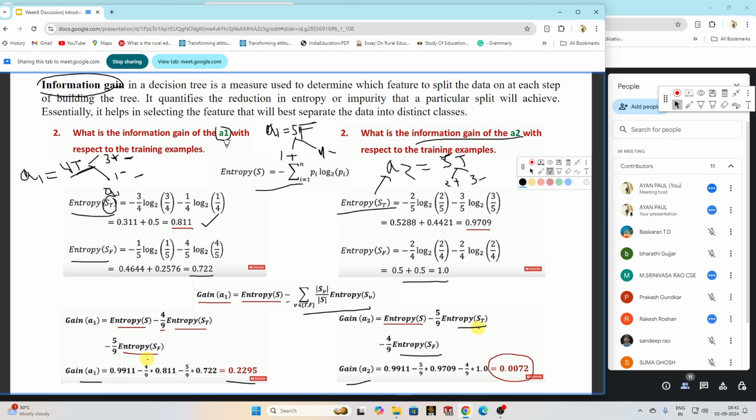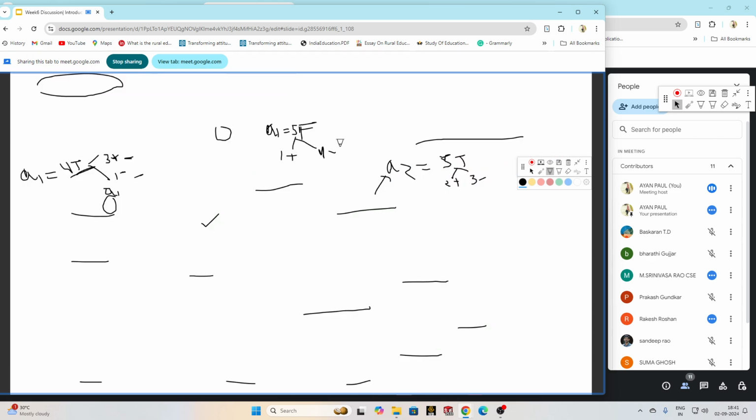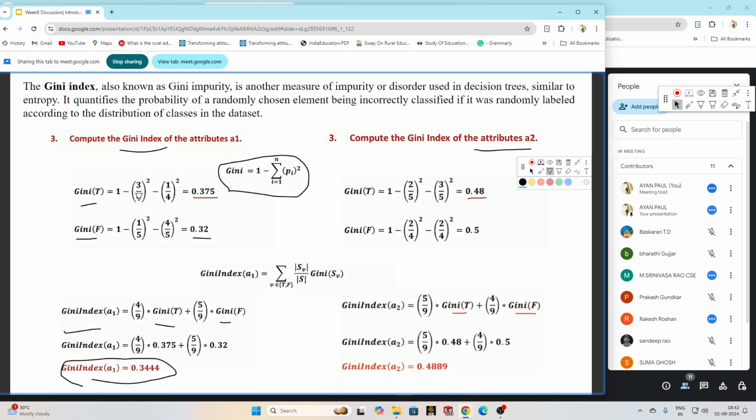And if I talk about the false examples, we have 5 false examples, in which we see 1 positive prediction and 4 negative predictions. Up to this it is clear, right? Yes. Okay, now we will straight away put in the formula. The formula is 1 minus sigma i equals 1 to n, pi squared.